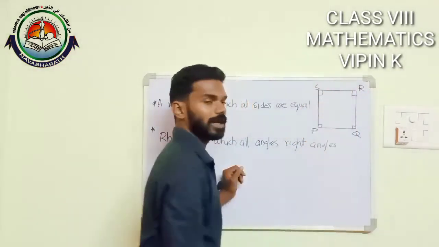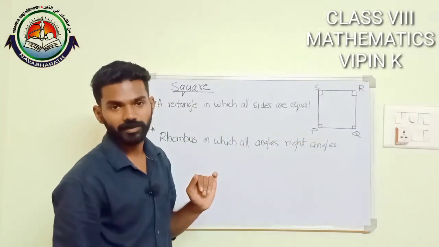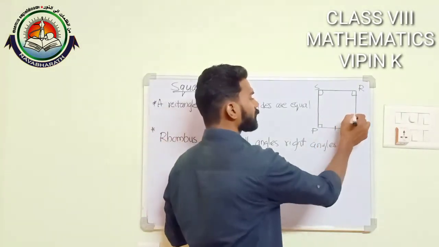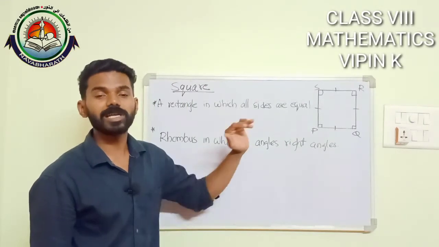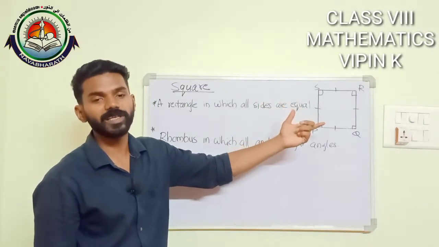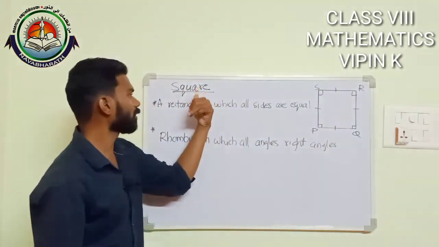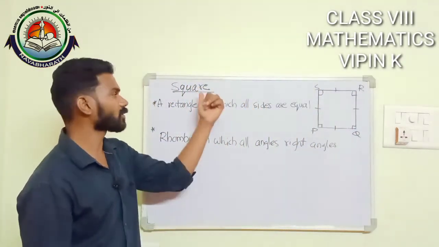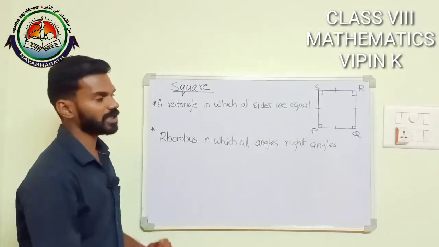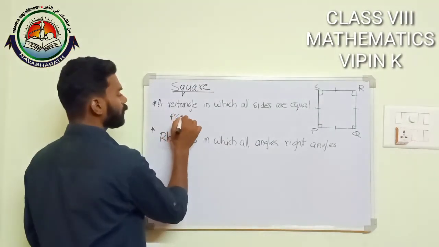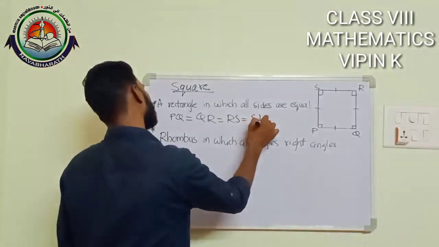And there is one additional property for this rectangle: all its sides are equal in length. Such a rectangle in which all the sides are equal is called a square. So a square is a rectangle in which all sides are equal. Which are the equal sides here? PQ equals QR equals RS equals SP. Clear?